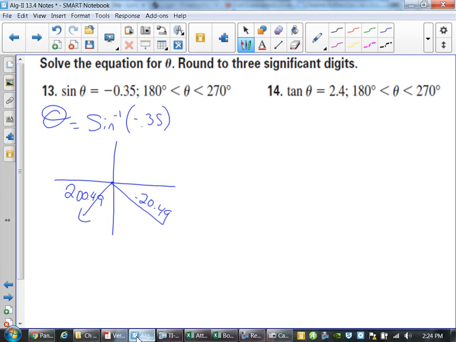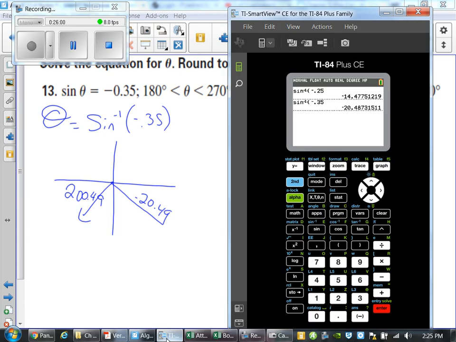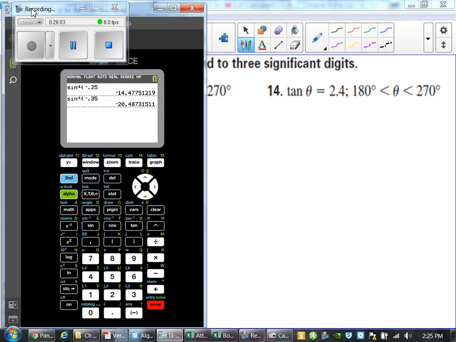All right, you guys do the tangent one. I don't know if there's one any more difficult than another. 67.38 goes to what quadrant?